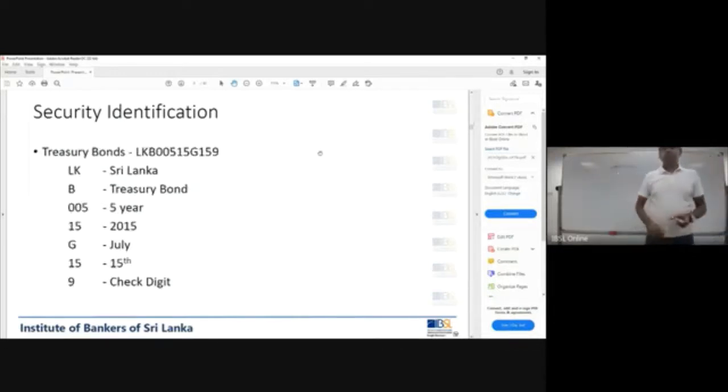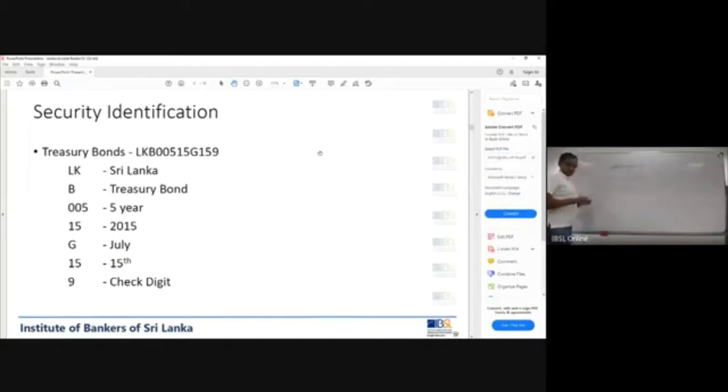The treasury bond identification is very similar. Write the same example that I have quoted. It is LKB00515G159.